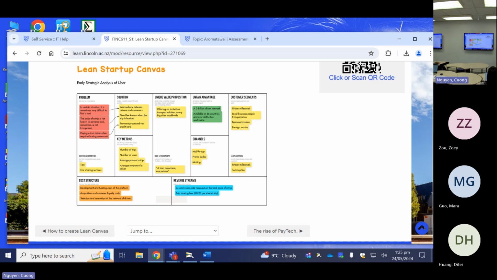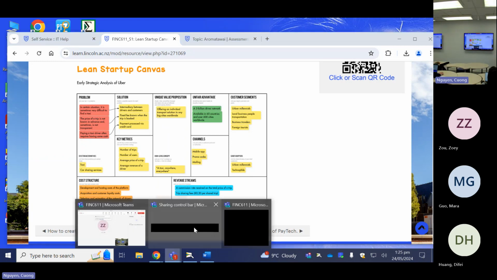Now we will take a look at another example to see how the canvas form can be filled.